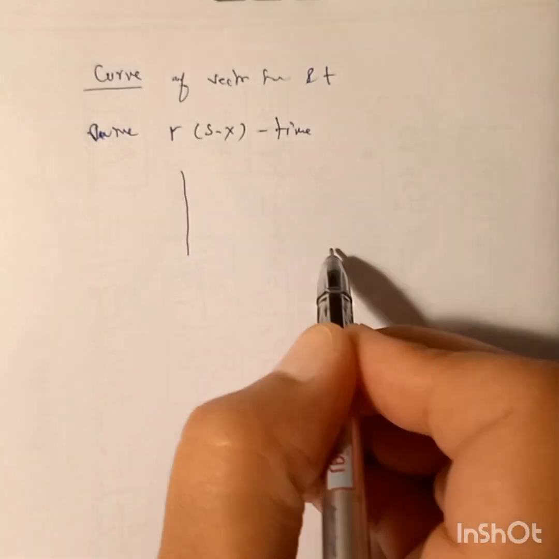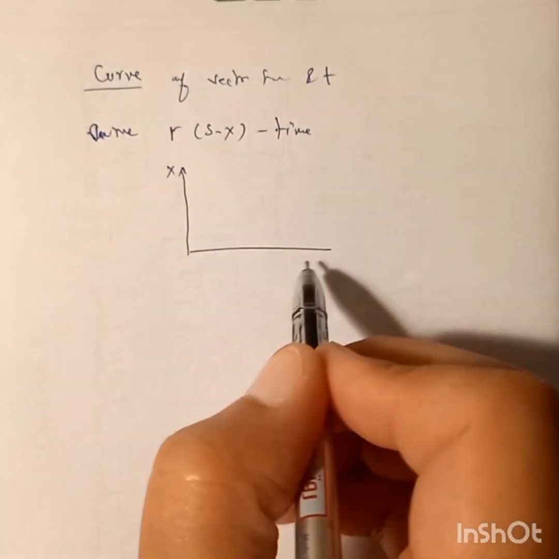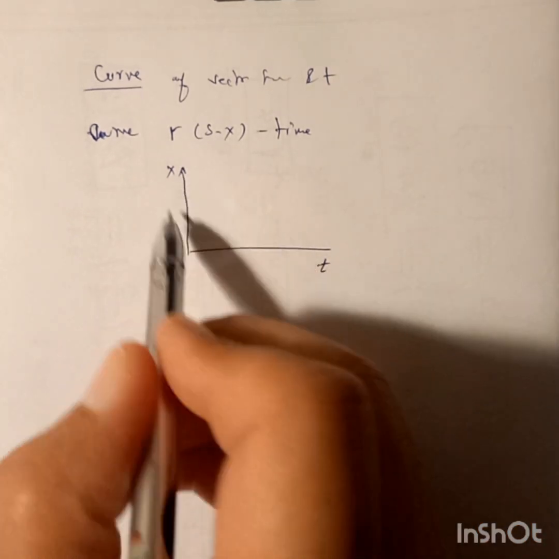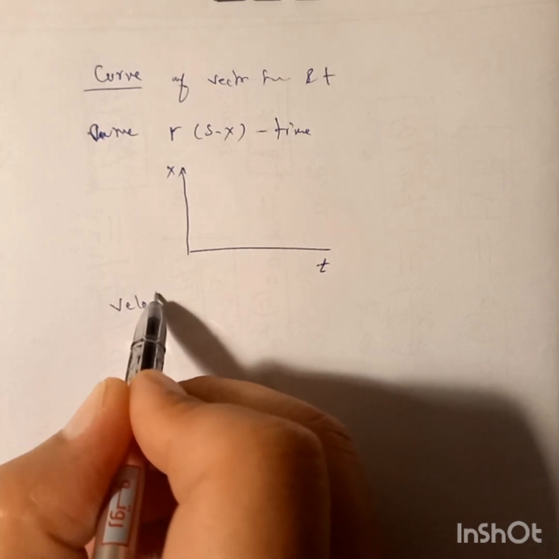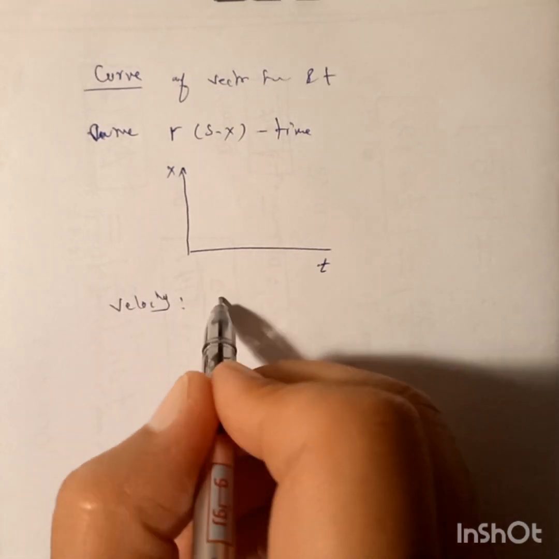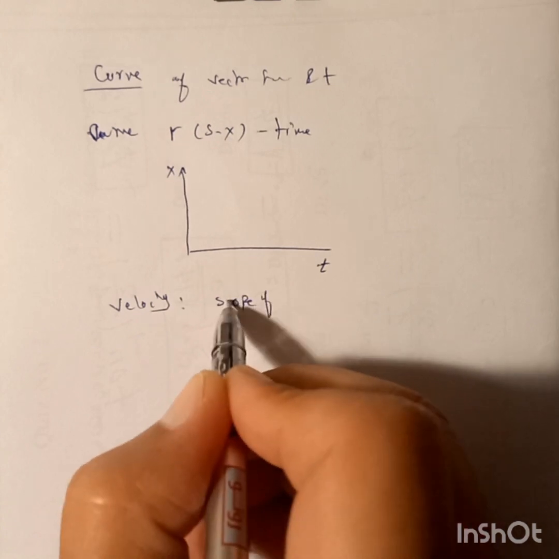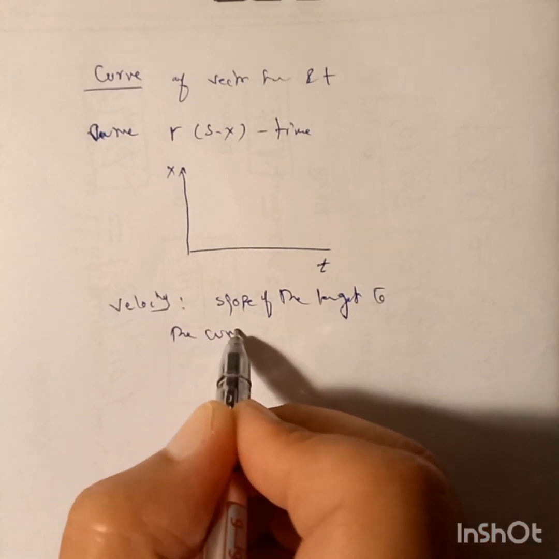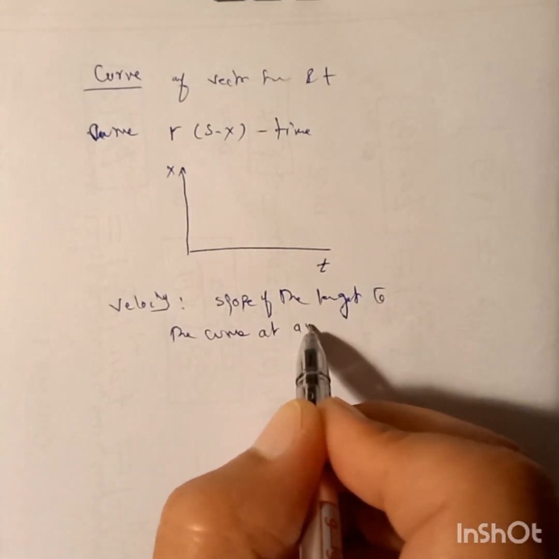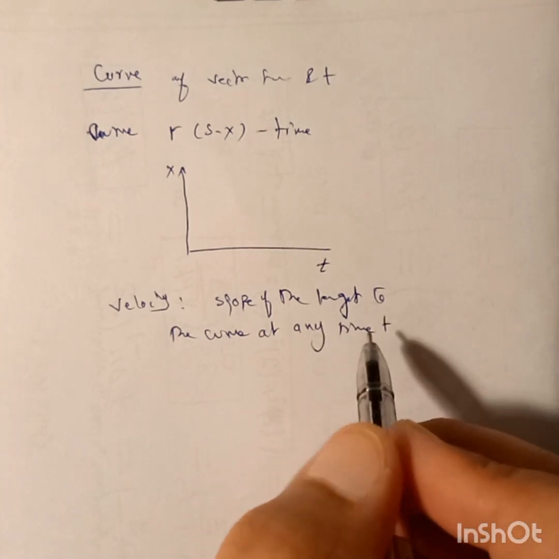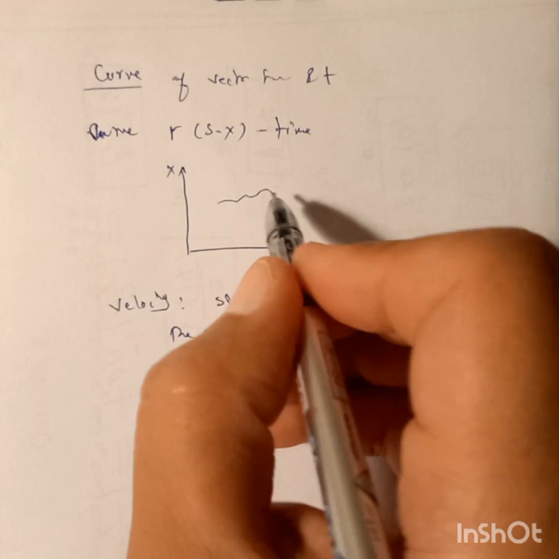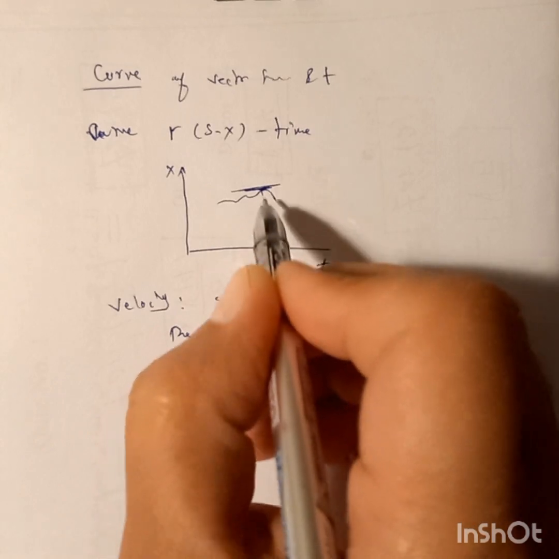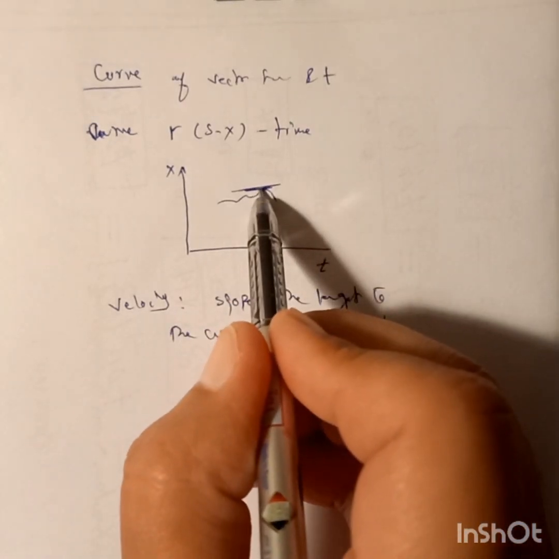If we have a relation between x or s with time t, then from this curve we can find the velocity of the body, as the velocity equals the slope of the tangent to the curve at any time, for example t1, representing the velocity of the body at this moment.